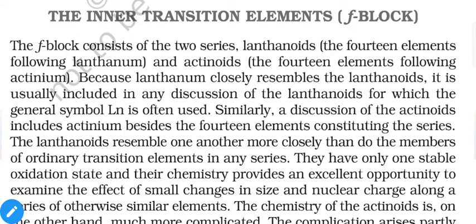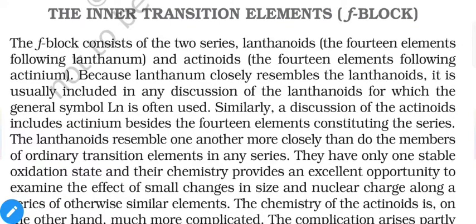The lanthanoids resemble one another more closely than do the members of ordinary transition elements in any series. They have mainly one stable oxidation state, and their chemistry provides an excellent opportunity to examine the effect of small changes in size and nuclear charge along a series of otherwise similar elements. That means in the case of lanthanides, we have very minor or negligible differences in sizes, and as we move from left to right, only a very small amount of nuclear charge increases.